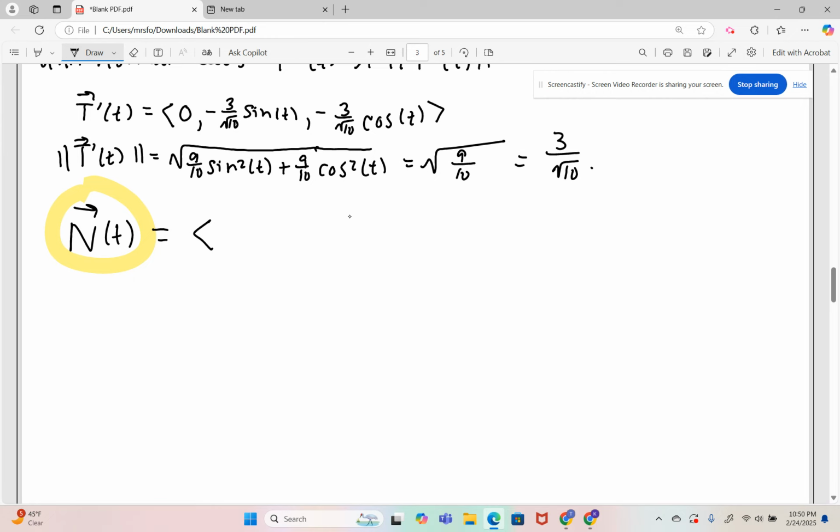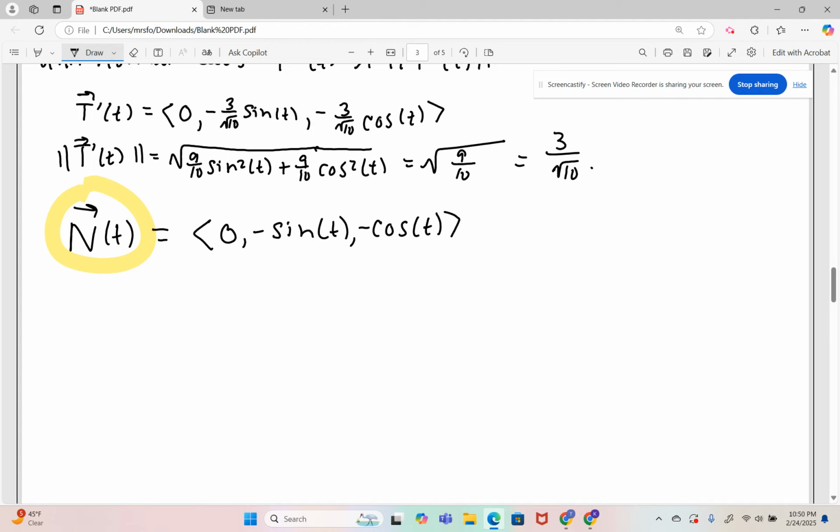The 0 over the magnitude is 0. So now looking here, negative 3 divided by square root of 10. If I was to divide that, they would cancel, and so you're going to be left with negative sine t. And then when you take this last component and divide it by 3 over square root of 10, you're left with negative cosine t. So that is the unit normal vector.